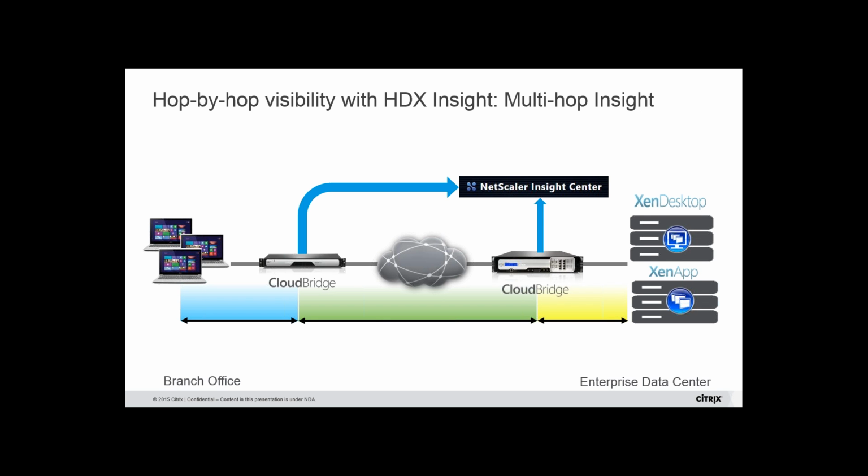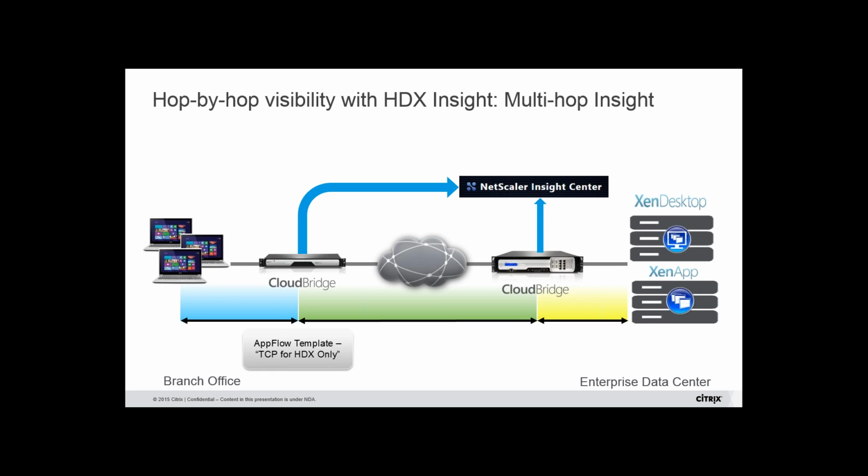So feeding records from multiple probes in the network means you can get finer granular information. So you can get network stats on every hop of the network.